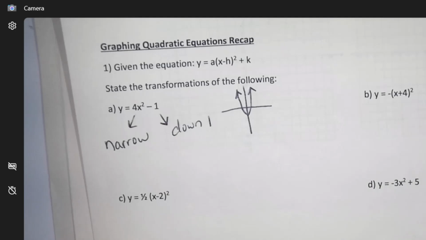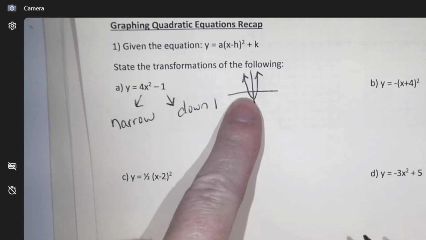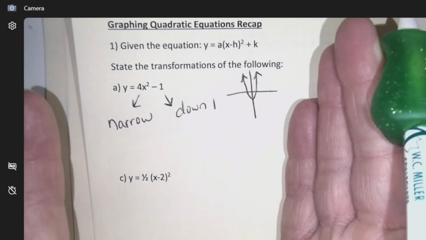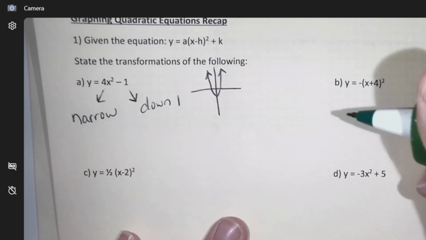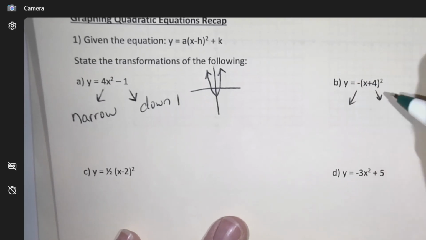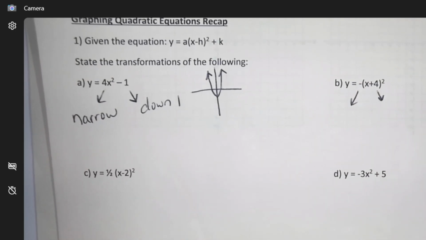So if you want to know what does that mean, I have moved it down 1, and then the arms of it went from here to here, and just got narrowed. Okay, letter B. I need you to give me 2 answers to that one.